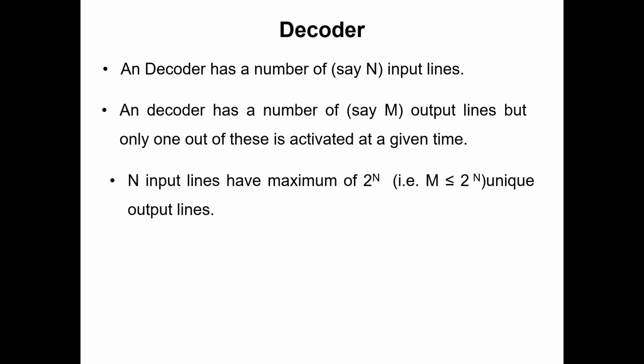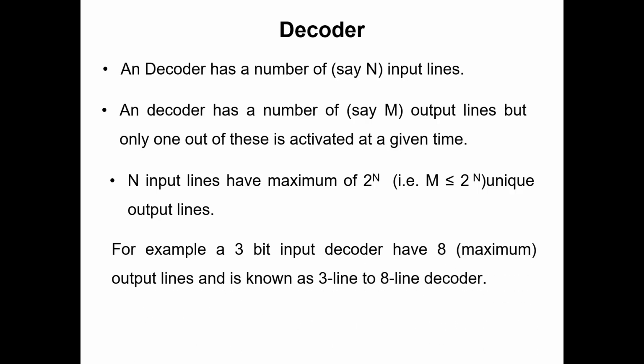The n input lines have a maximum of 2 raised to power n unique output lines. M will be less than or equal to 2 raised to power n. For example, a 3-bit decoder has 8 maximum output lines and is known as a 3-line to 8-line decoder.